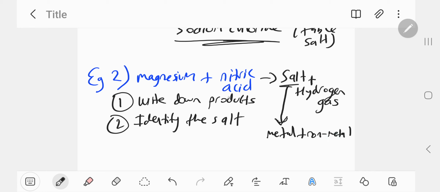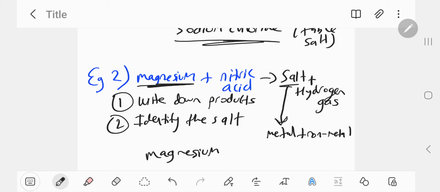Okay, eyeballing this expression, be very careful. Sometimes they can swap the acid and metal positions. The metal is magnesium. I got asked today in class, sir, how do I know what the metal is? Just look at your periodic table. Using your basic knowledge and understanding of where the metals are and where the non-metals are, magnesium is a metal, it's in group 2. So you write down magnesium.